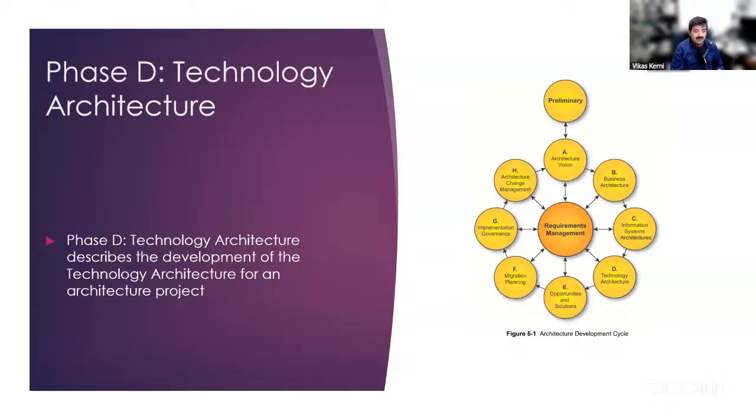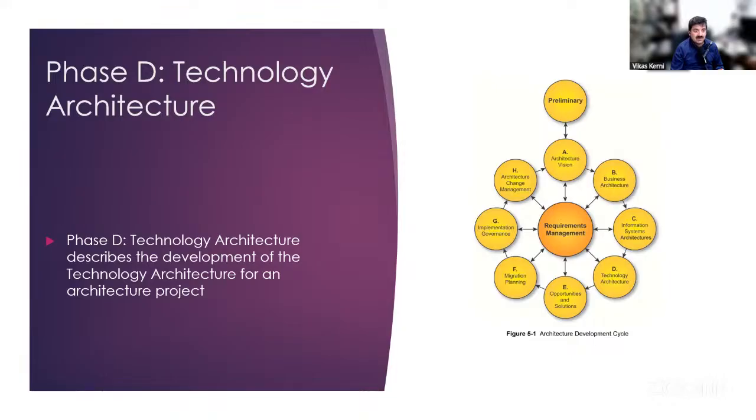So then you have come up with the business architecture. You have documented the business requirements, what the business future requirements are, where you want to be, and you have decided the database architecture and storage needs. What are the applications which you need to develop to support those business requirements.